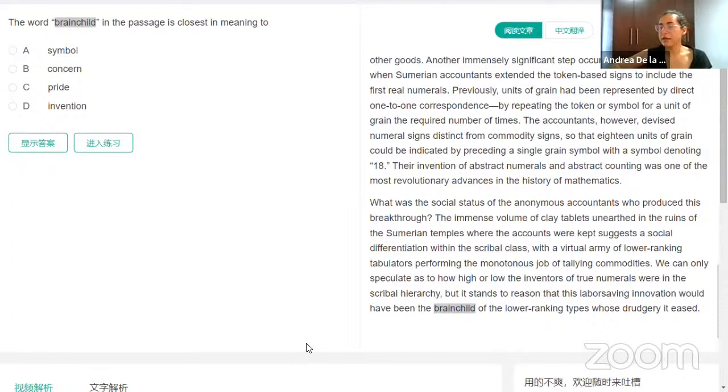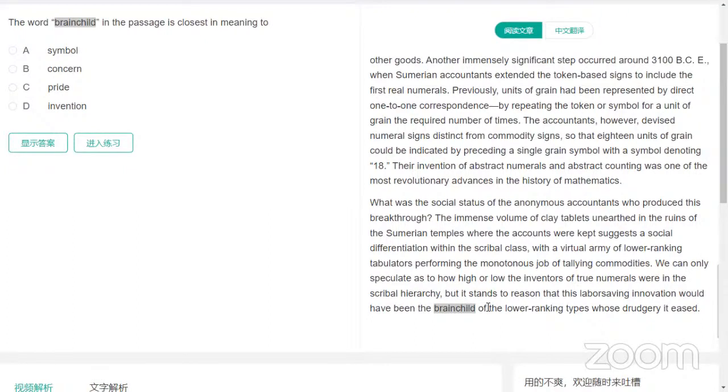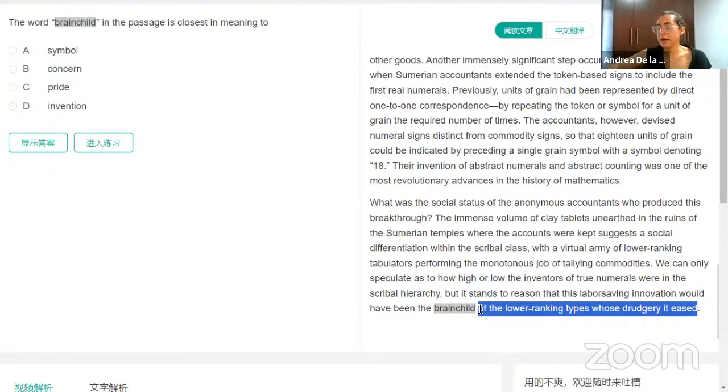La jerarquía de los símbolos de la escritura. Pero lo que es muy lógico entender que esta innovación tendría que ser el pride, el orgullo de estas clases sociales bajas, el símbolo de las clases sociales bajas, la preocupación de las clases sociales bajas.